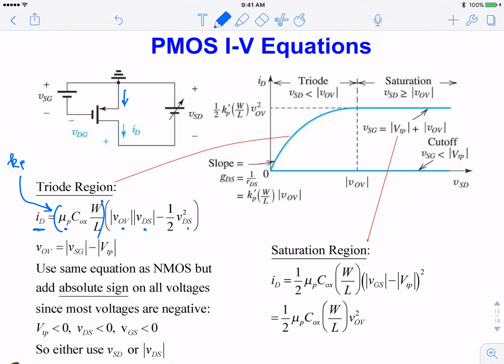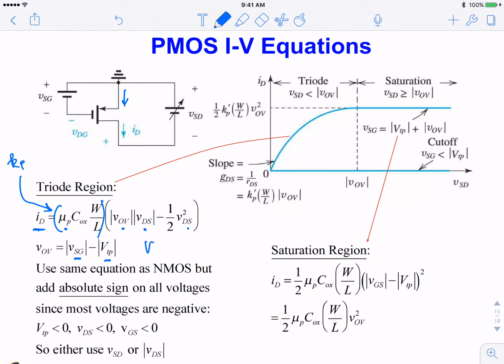So you can keep track of the sign in two ways. One, you write everything by VSD. The other, you take everything by absolute sign, including the overdrive voltage, VSG; you just ignore the sign.